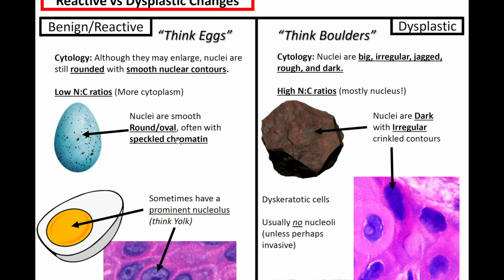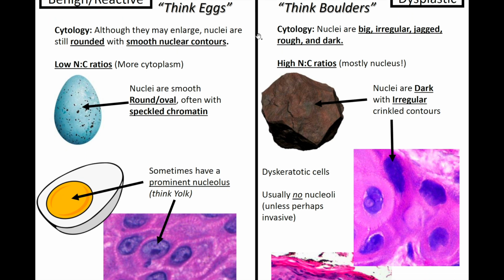So moving on, we'll just do a quick review of what we would look at from a cytology perspective to differentiate reactive versus dysplastic changes. These are fundamental concepts that are important to review no matter what your level of training is. For benign or reactive entities, you think eggs.